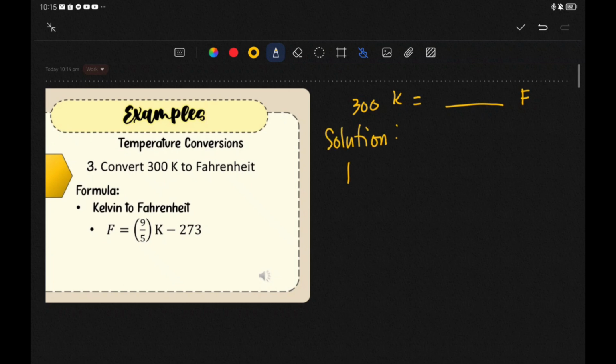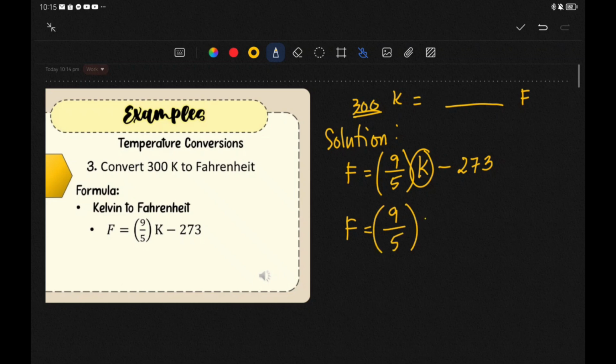We have the formula F equals 9 over 5 times Kelvin minus 273. We replace K with 300 as our given. That's 300 minus 273. We need to multiply 9 times 300 first following the rule of PEMDAS.